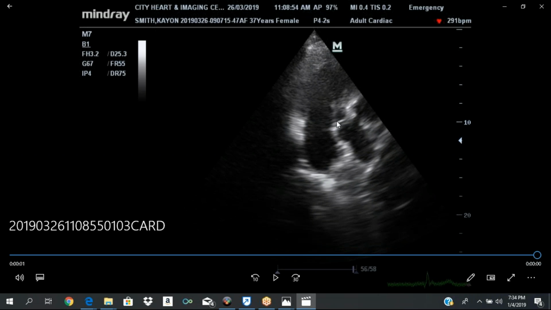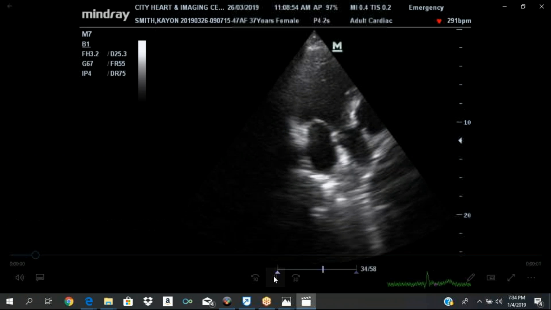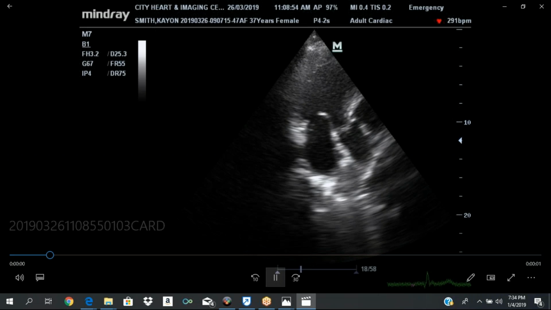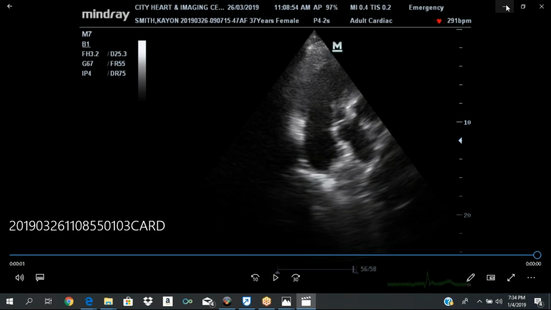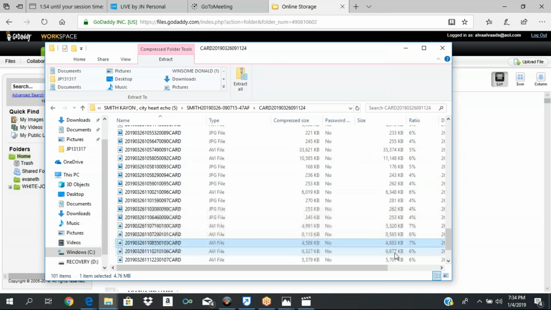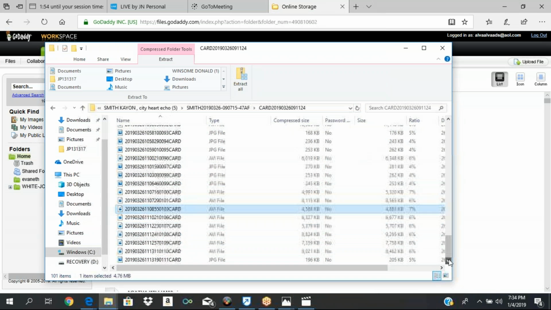Aortic valve here. This is the ascending aorta, left atrium. 3-chamber view. Just counterclockwise a little bit more. All right, so when you finish with your 3-chamber view, then you can move to your subcostal.